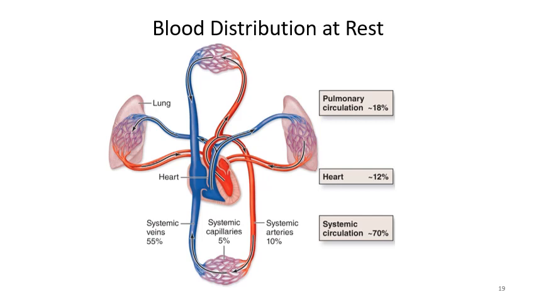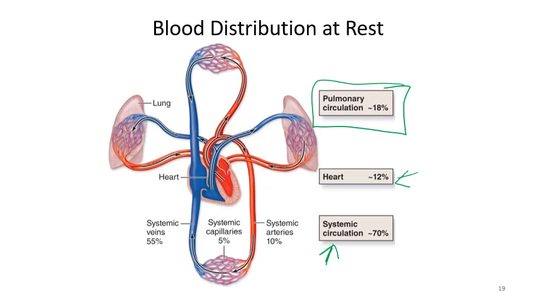When we are at rest, this is how our blood is distributed throughout our body. You've got about 20% of your blood in the pulmonary circulation, the rest of it in the systemic circulation, and about 10% of it is actually in the heart. So if I hit pause on you and everything stopped and we measured your blood, this is where it would all be.